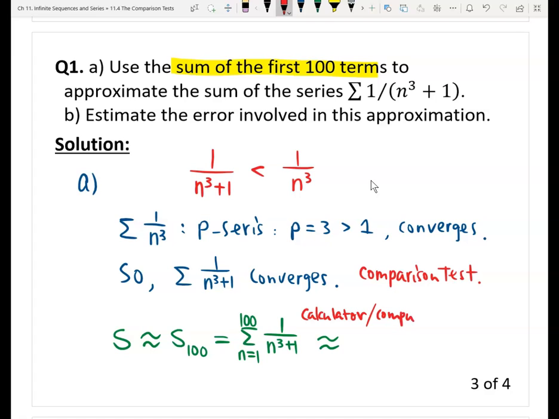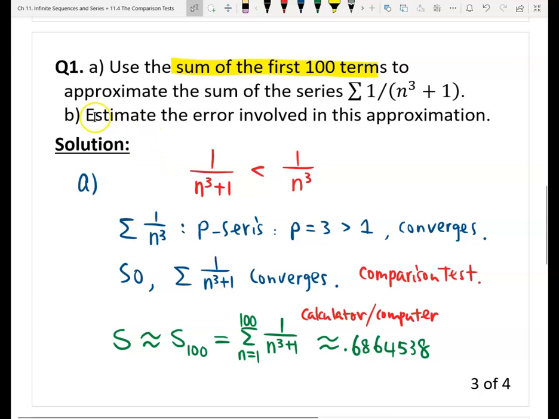With a computer program, you can do this approximation and get the result 0.6864538. This is the first step. We already did the approximation for the sum.